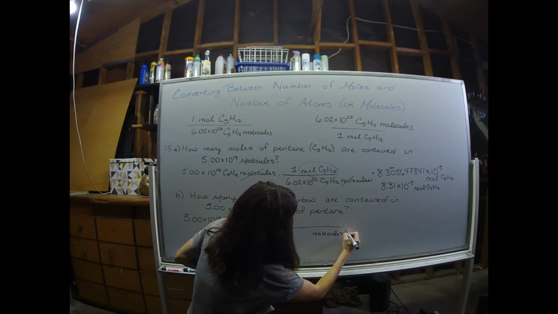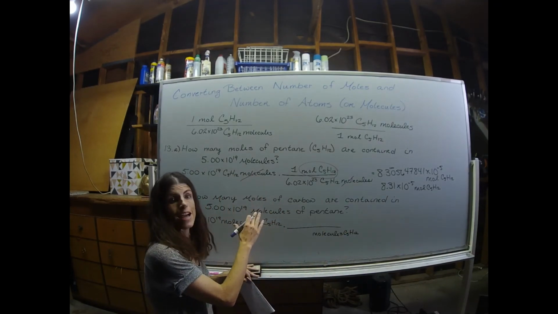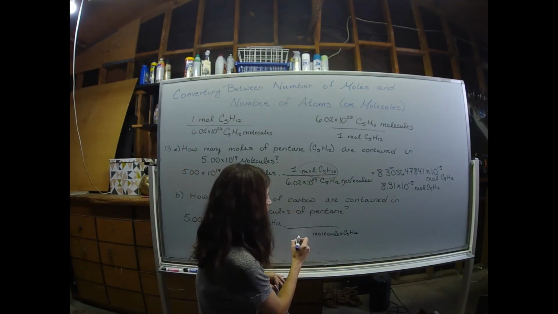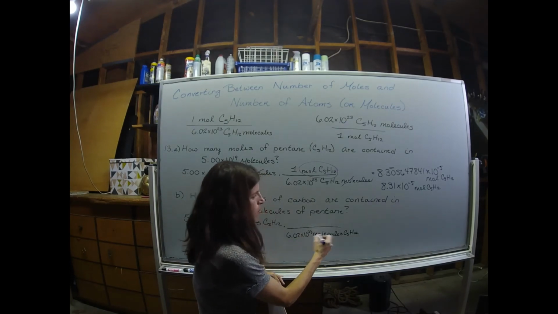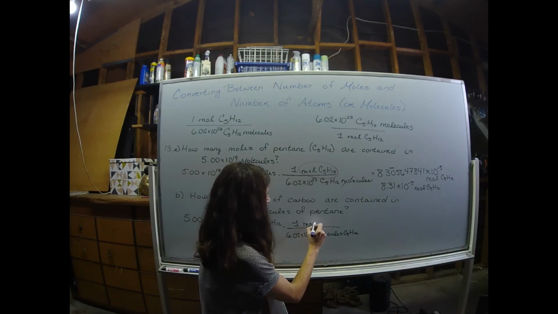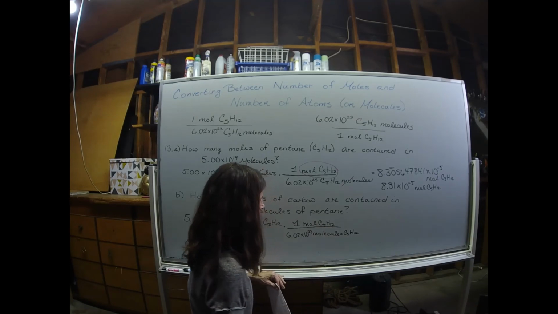I can't jump, even though in part B we're asked for moles of carbon, because I don't have that relationship right off the bat. So I'm going to say, just like I did before, 6.02 times 10 to the 23rd molecules of pentane are in 1 mole of pentane.